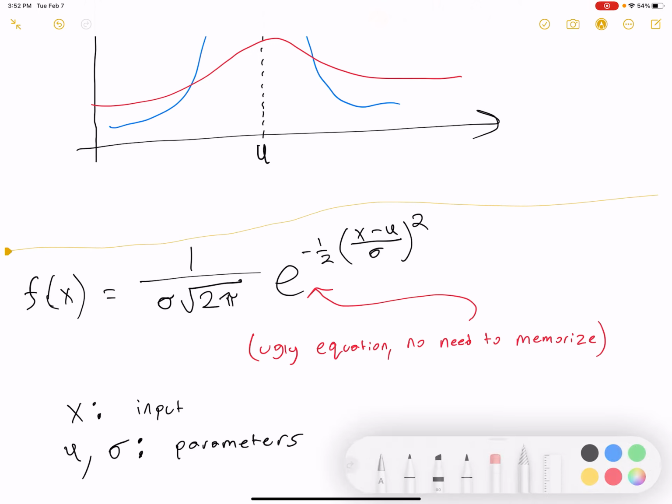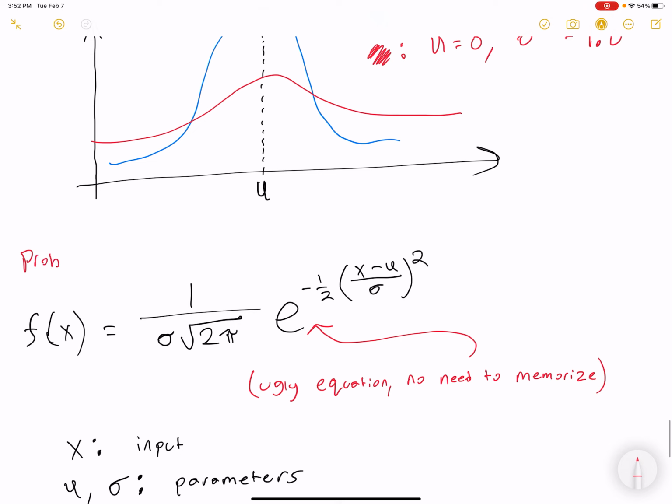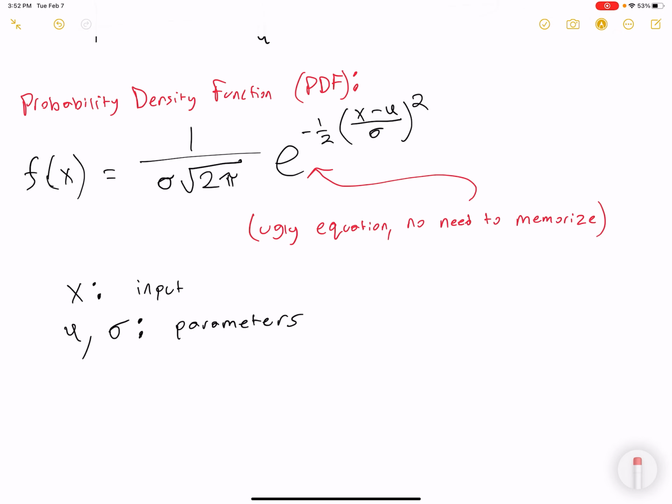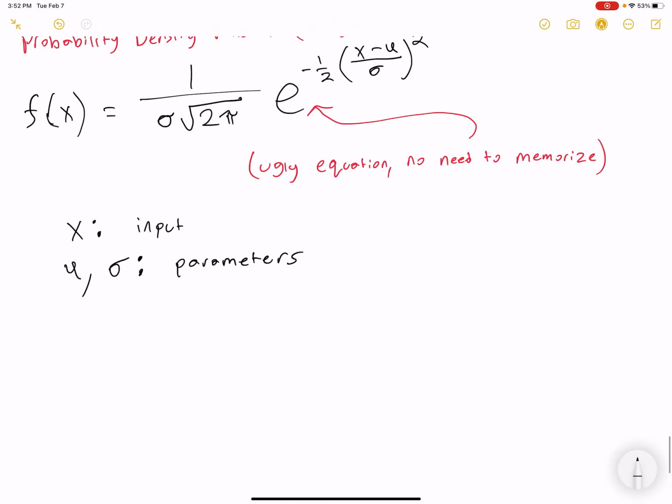This represents the probability density function, or popularly called PDFs. Maybe let me not draw an arrow, to make it clear it's that whole equation. And what probability density functions allow us to do is to calculate probabilities.